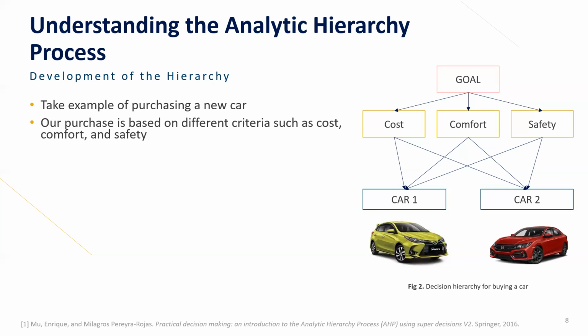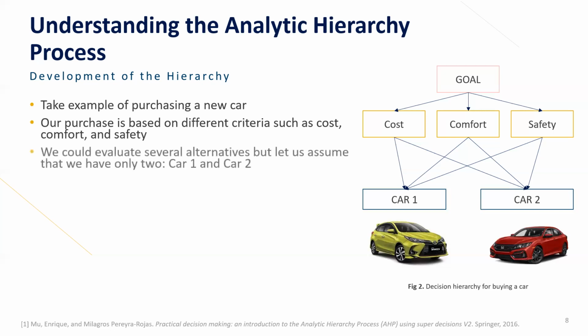And let's say we want to have those three criteria. So now you have already defined the hierarchy. First, the goal is to find the best car among these criteria, and then you already select the criteria: cost, comfort, and safety. And then for simplification, let's say we want to evaluate several alternatives.